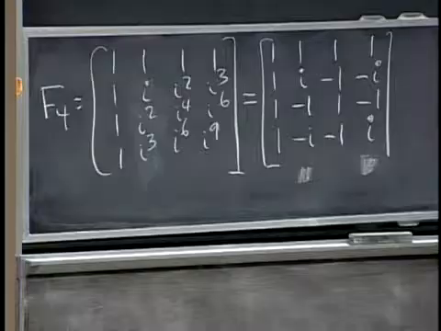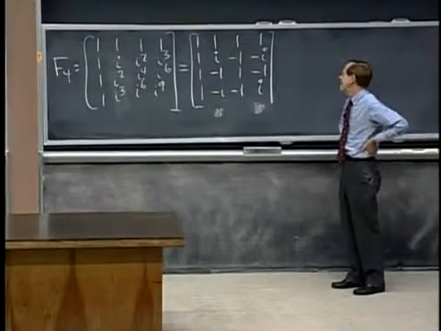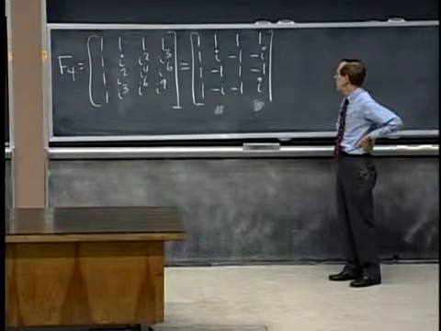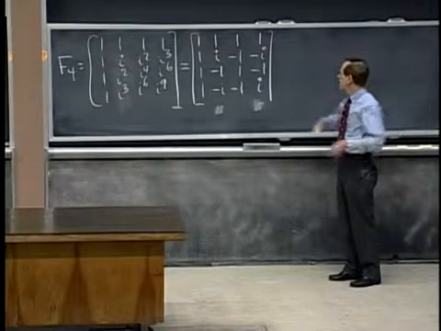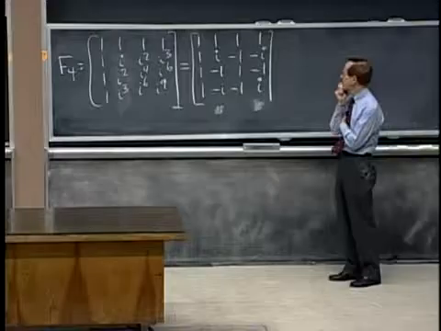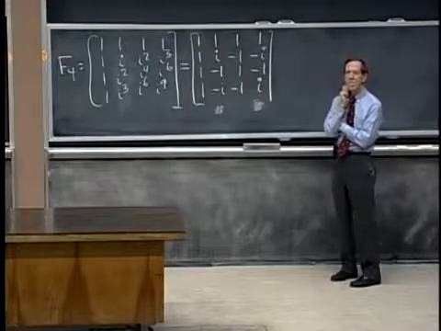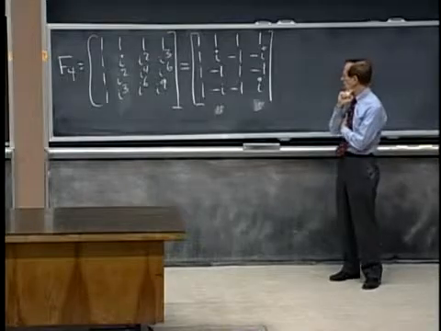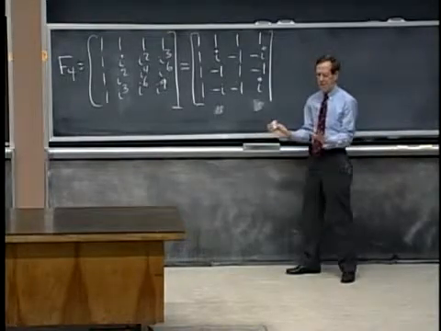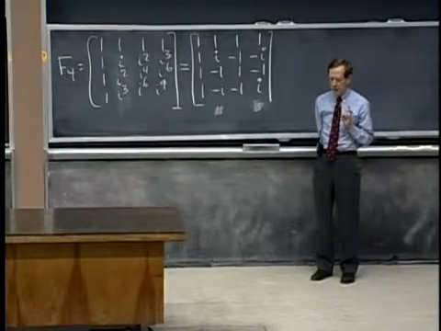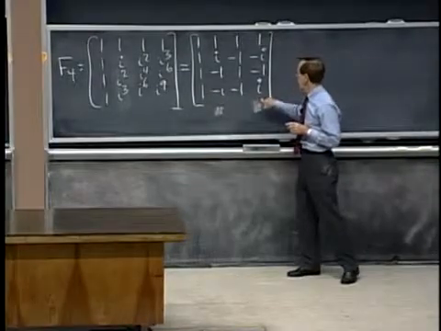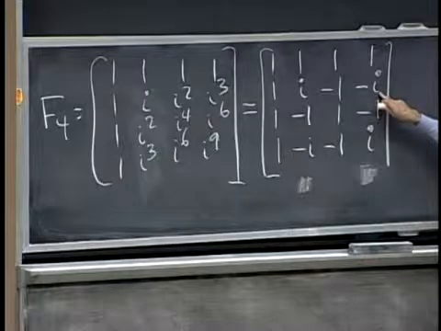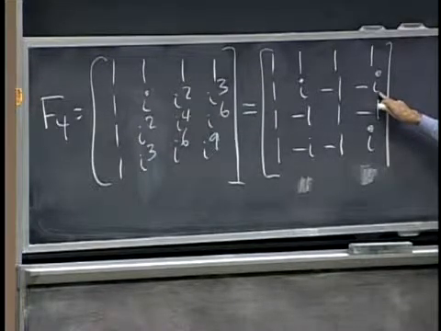Okay. Oh, I see, yes. I believe that those 2 columns are orthogonal. So let me take their inner product and hope to get 0. Now if you hadn't listened to the first half of this lecture, when you took the inner product of that with that, you would have multiplied 1 by 1, I by minus I, and that would have given you 1.